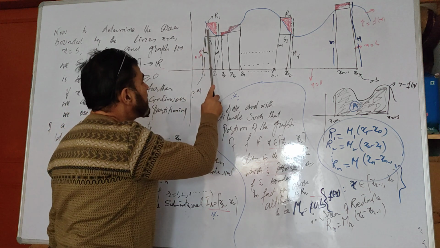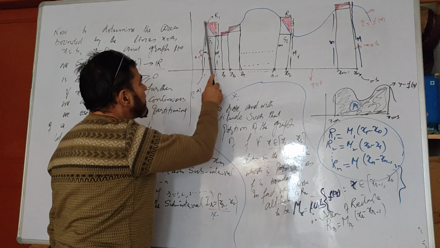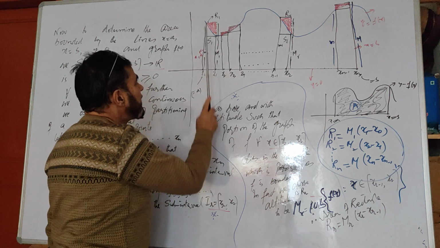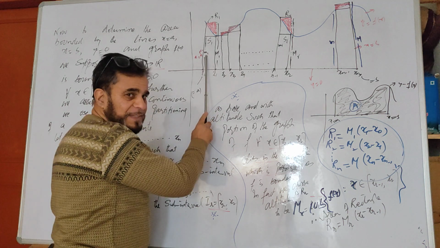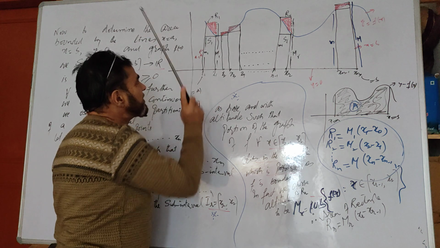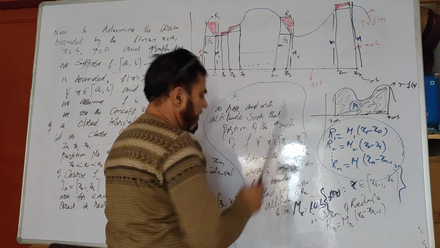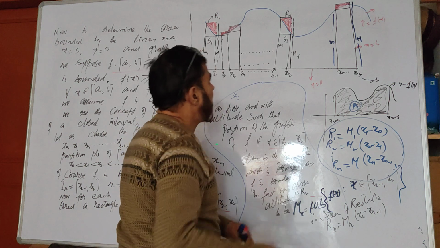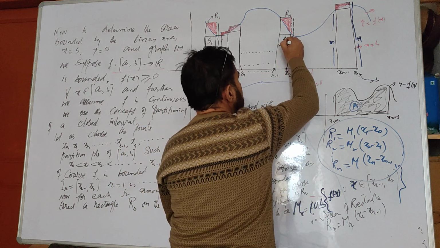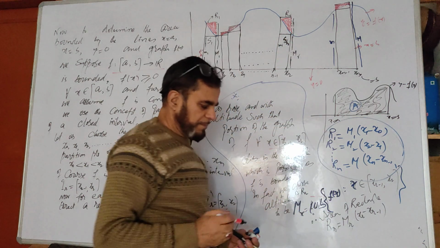This part also is our area. This is lying entirely within the area, and this one is missing. This is your sr, small r.